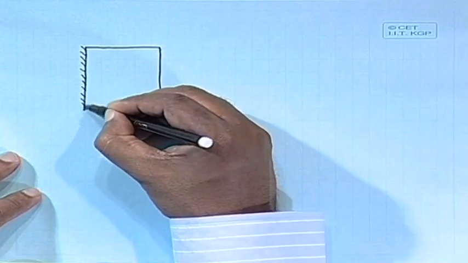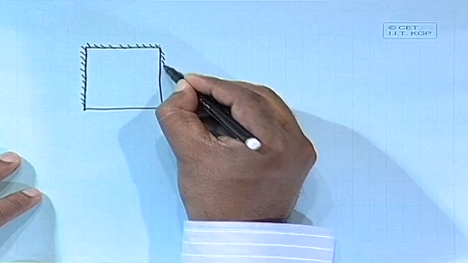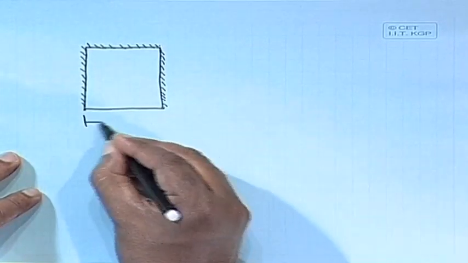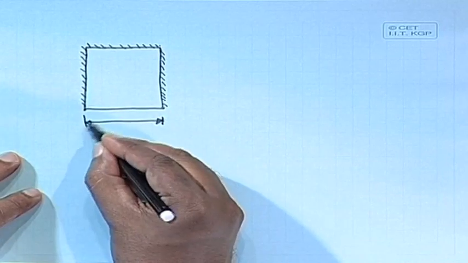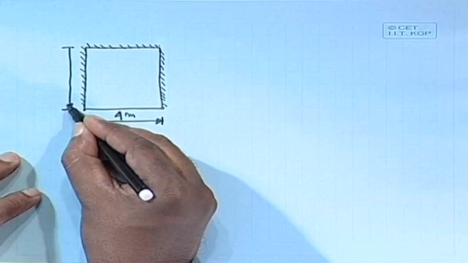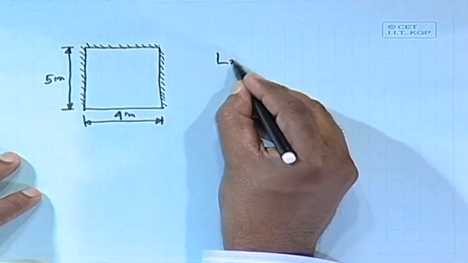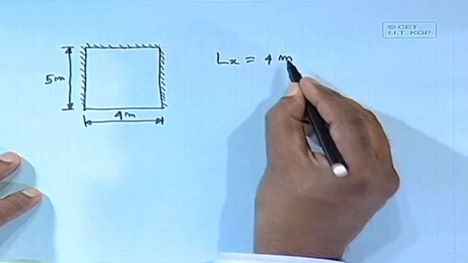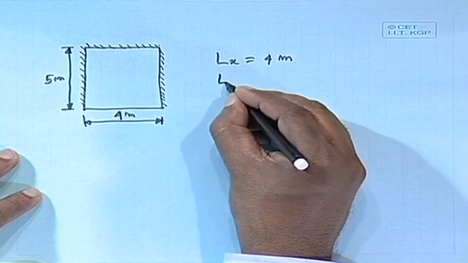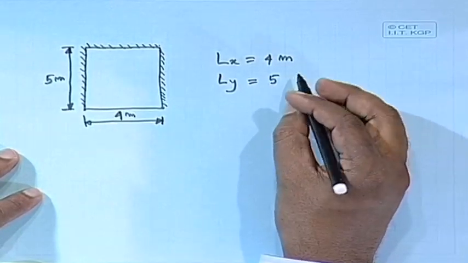This is the continuous one, where this is 4 meter and this is 5 meter. So, Lx equal to 4 meter and Ly equal to 5 meter.